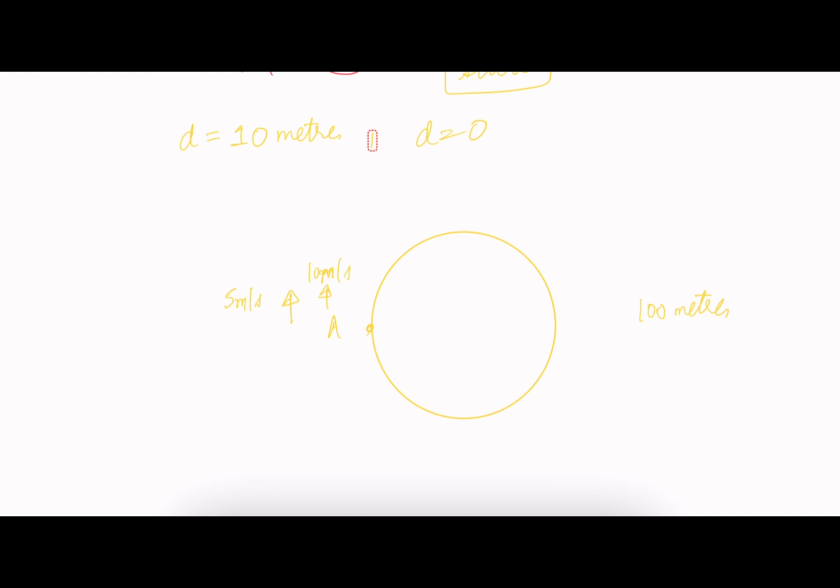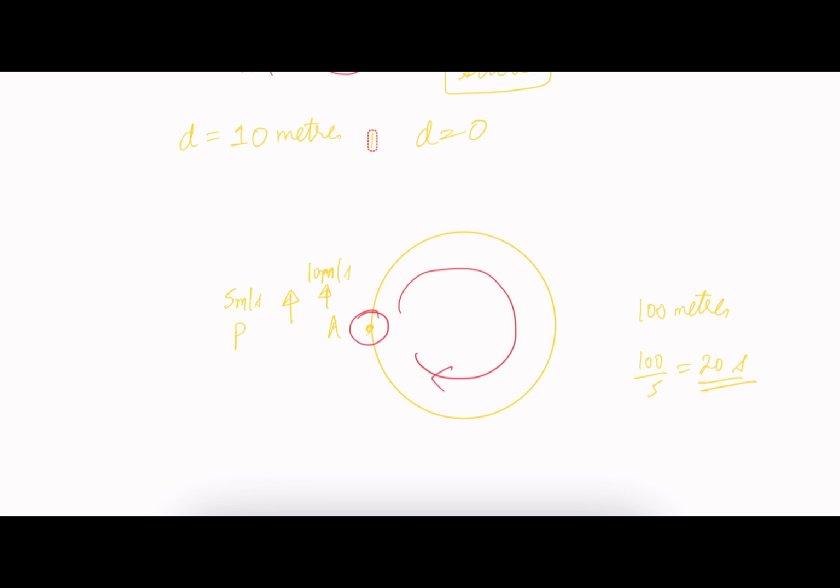They're going to meet after 100 divided by 5, which is 20 seconds. And in 20 seconds, how much distance will Parth have covered? It would be 100 meters, which is one whole cycle, and Harshit would have covered 10 into 20, 200 meters, which is two cycles, and that would be the first time they would have met, and they will meet at point A.